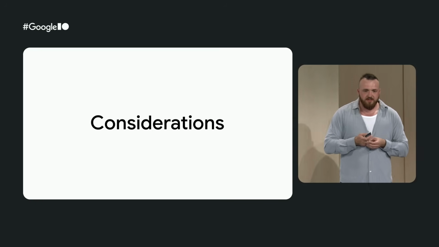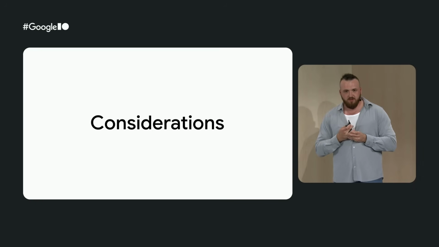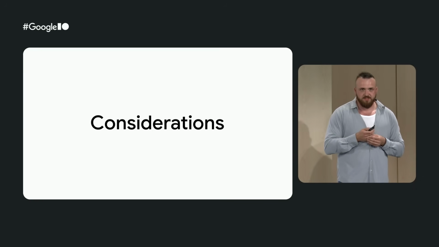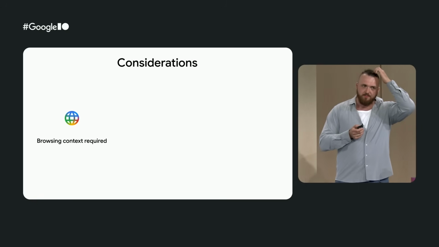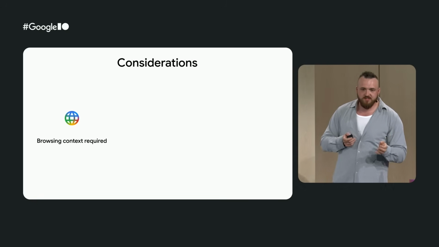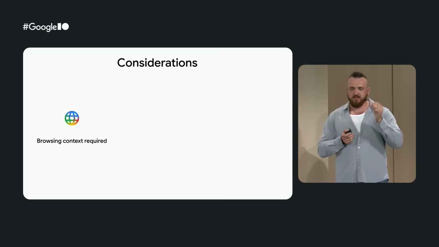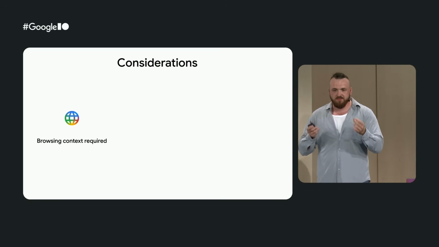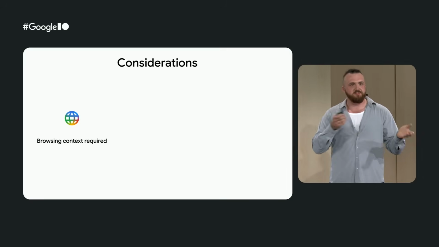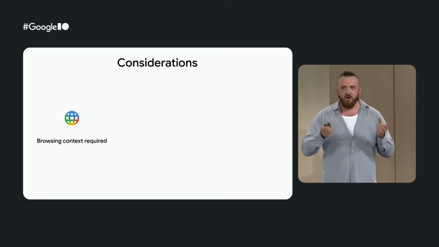And there are also certain things to consider when working with WebMCP. The browsing context is required, right? Since tools are called and handled in JavaScript, a browsing context, like a browser tab or a web view, must be opened.